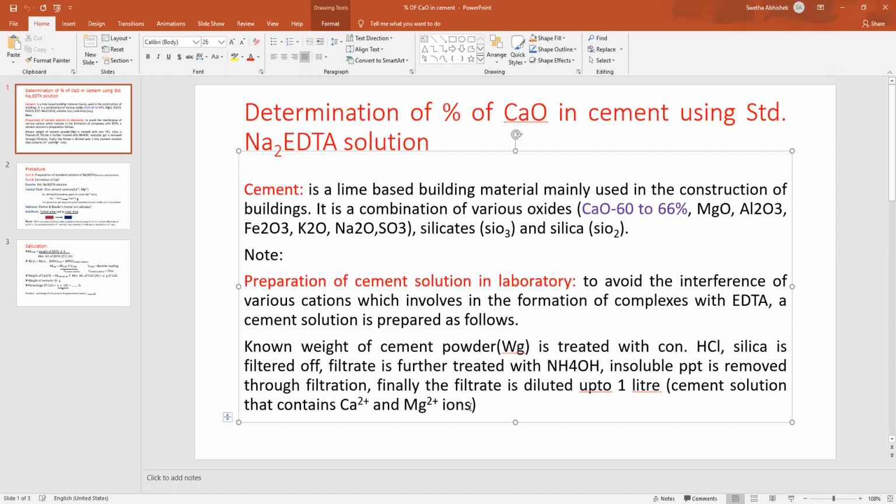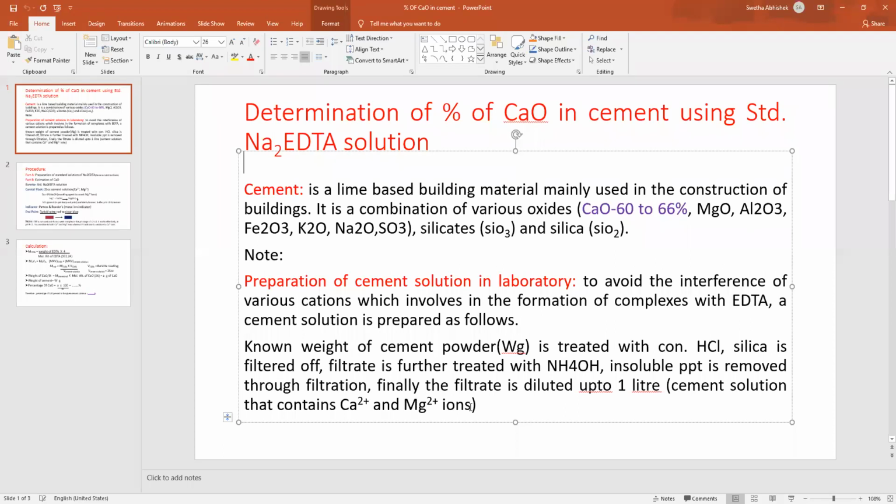Okay, and how is it prepared? By taking a known weight of cement powder, which is first treated with concentrated HCl, and through filtration the silica is removed in the first step. After filtration, the filtrate which is obtained is treated with ammonium hydroxide. This ammonium hydroxide results in the formation of insoluble hydroxide precipitate, which is again removed through further filtration.